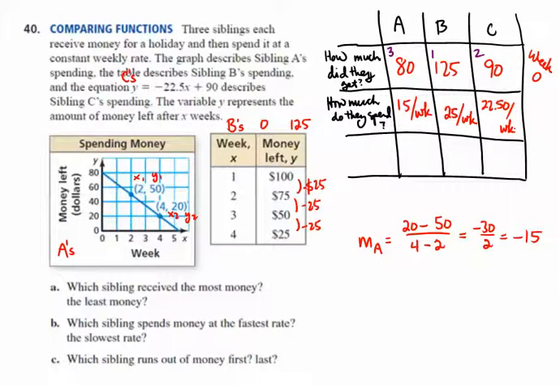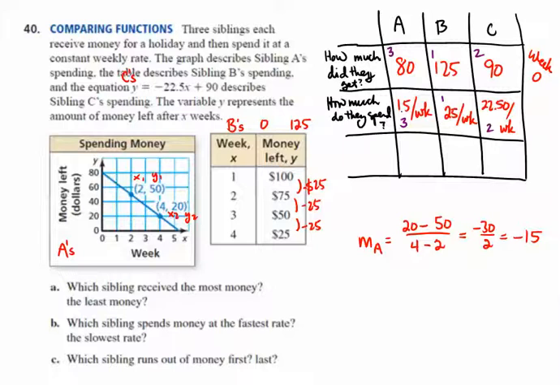All right, so let's rank them. We want to see who spends at the fastest rate, so we will give the number 1 to B, 2 will go to C, and 3 will go to A. So A received the least money, and they're also spending it the most slowly.